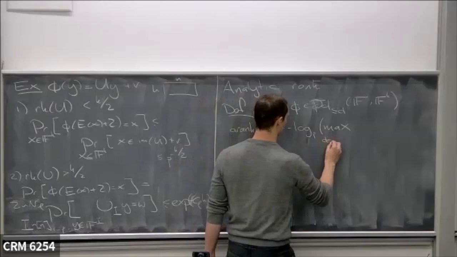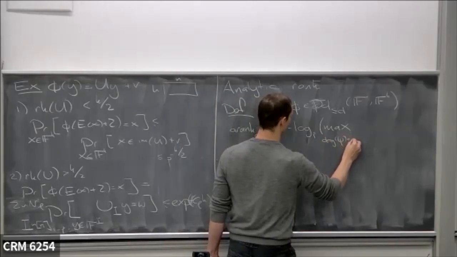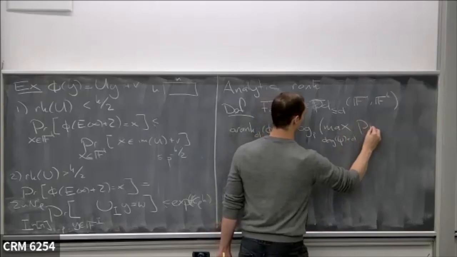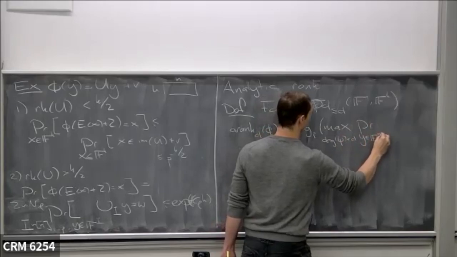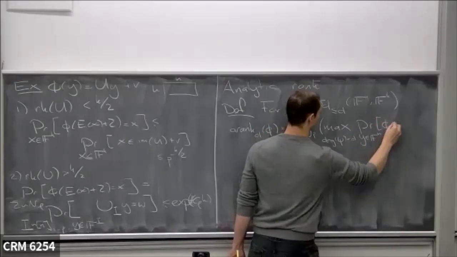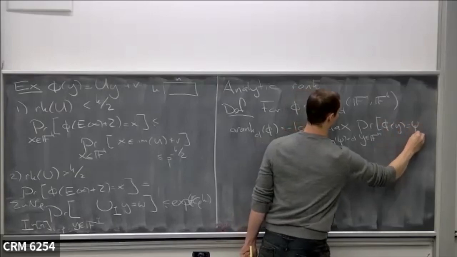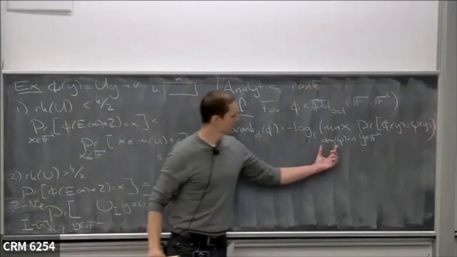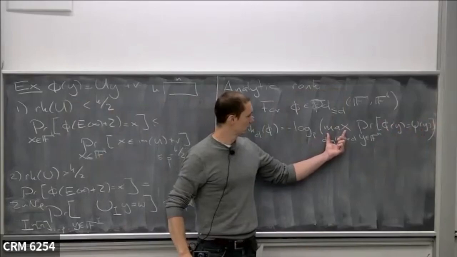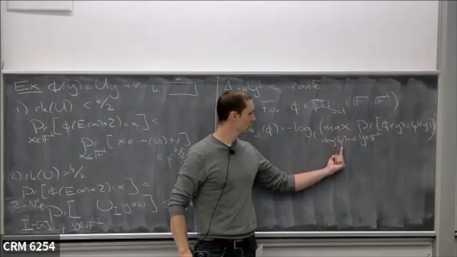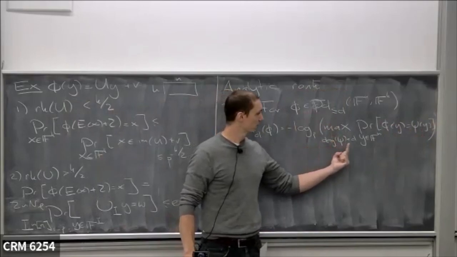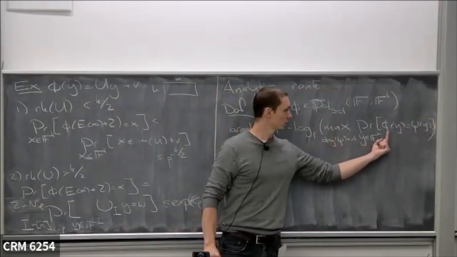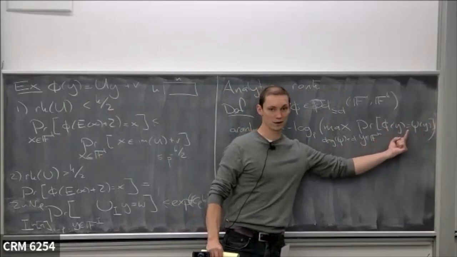So I'll just write it like this: degree of psi strictly less than d, of the probability over a uniform element x in F^n that phi is equal to psi. So what's in here is the maximum over polynomial maps of degree strictly smaller than d of the proportion of points on which our polynomial map phi agrees with psi.